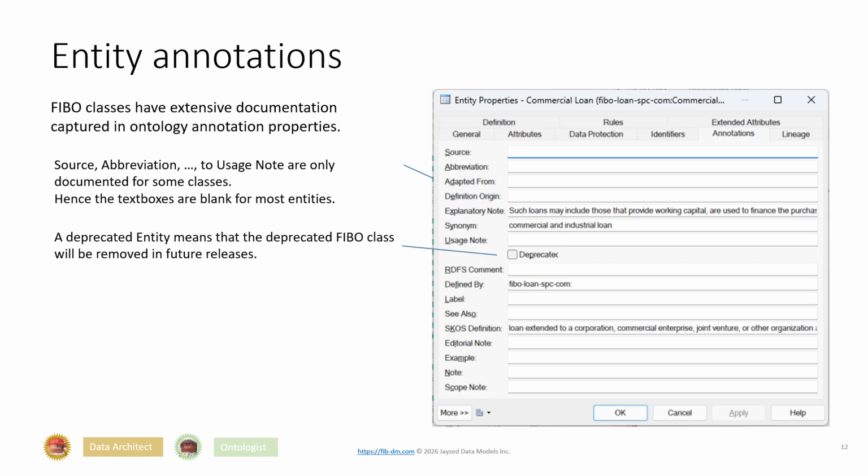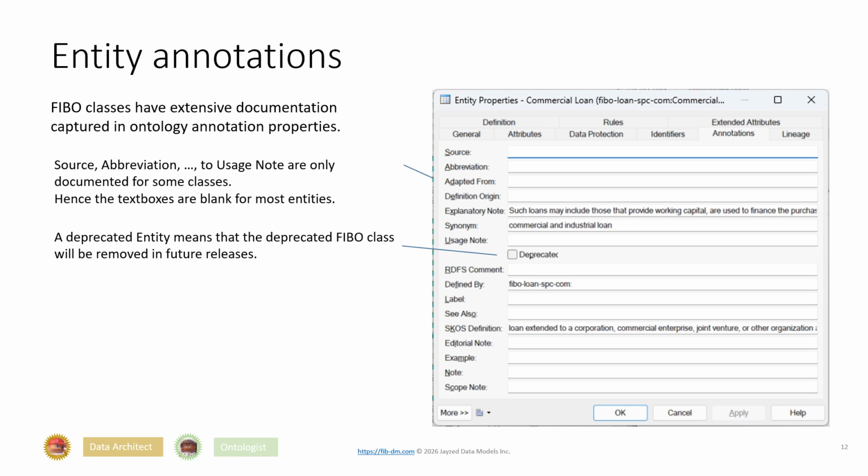This is important here. Deprecated entity means that the deprecated FIBO class will be removed in future releases. And this is how FIBO manages refactoring for design changes.